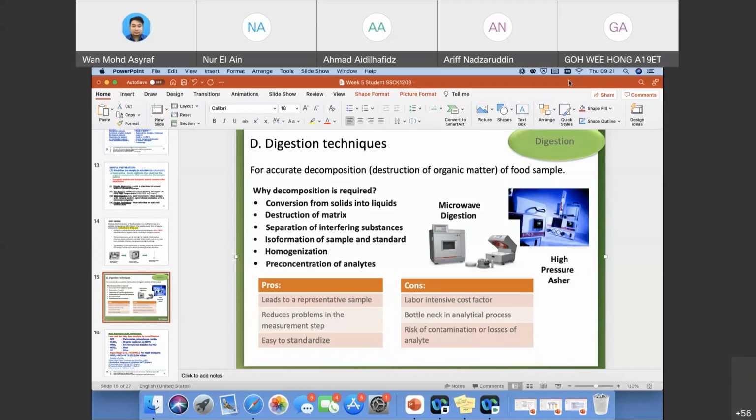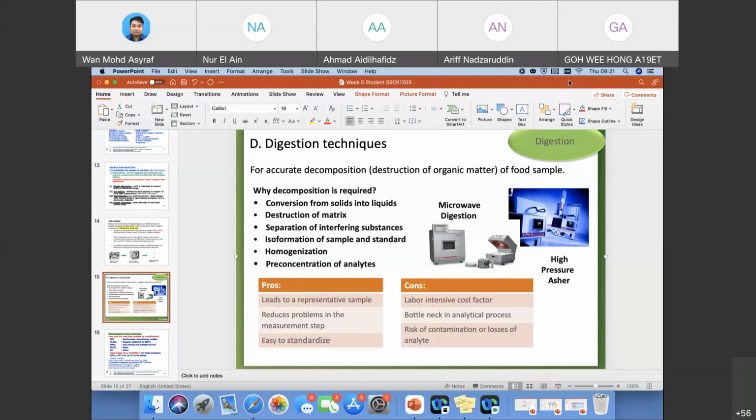Okay. Yes, you are correct. Increase the amount of analytes. But how are we going to increase the amount of analytes? Imagine that you've got your liquid sample. Someone comes to you, saying I have 1 liter of river sample for you to analyze for mercury poisoning, for example.